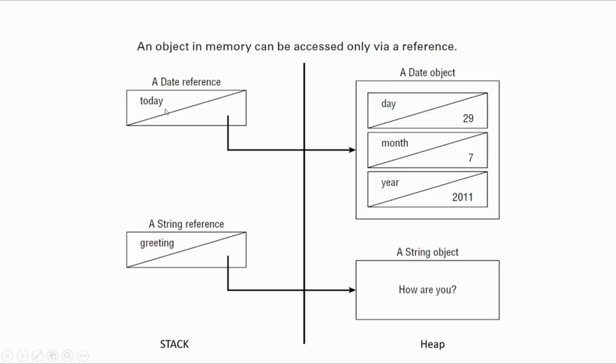The today variable will stay, if it is in the main method, in the stack, and it has the memory address of an object that is created in the heap. It has day, month, and year. So it's right here, and this is the data object.